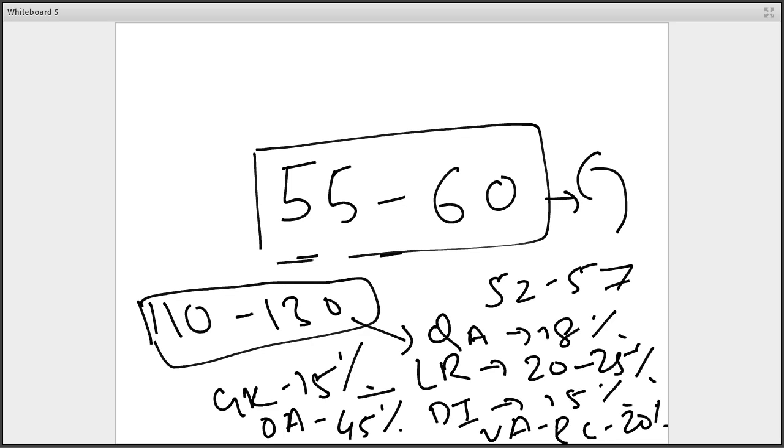But if there is a mention of a sectional cutoff, please try to maintain the percentage marks which we have mentioned, because no matter what happens, the percentage marks based sectional cutoff is never wrong as per these numbers. So please adhere to them while you are taking IIFT mocks with us, and let us all crack it together.